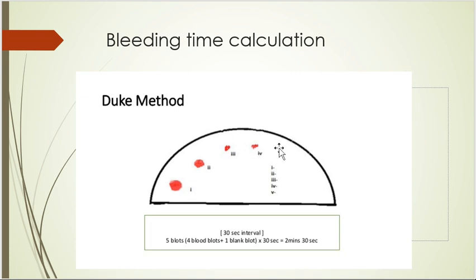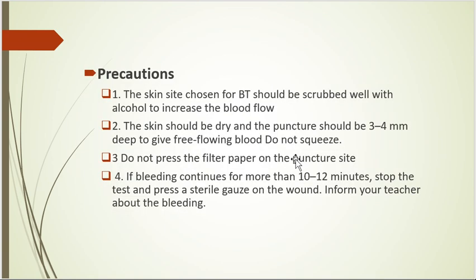So there are 5 spots: 30 seconds, 60 seconds, and then further 2 and 1, so 1 minute and half a minute, making 2.5 minutes. So 2 minutes 30 seconds is your bleeding time as per this calculation. You have to count the number of spots and touch every 30 seconds until there is ultimately no spot. That's it.